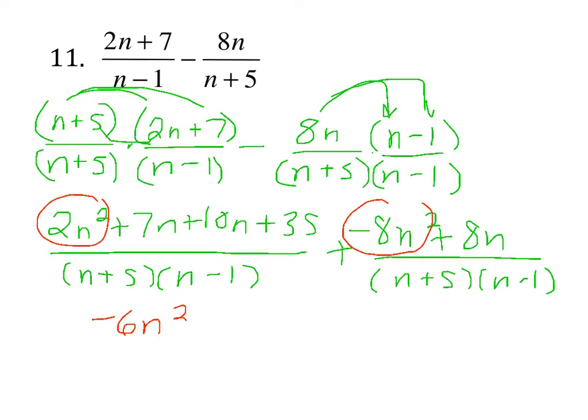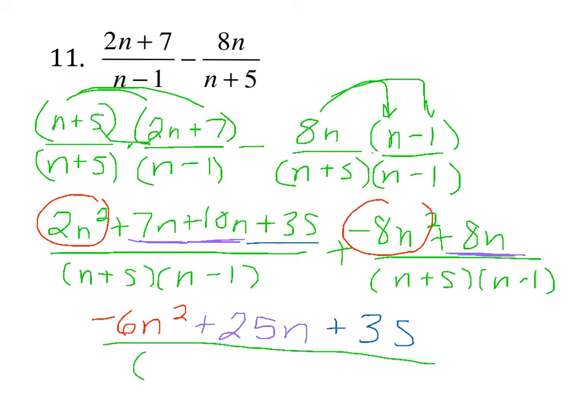We also have a 7n plus a 10n, which gives us 17n, plus another 8n, which will give us 25n. Then we just have the plus 35 in the back. And that is still all over our denominator of n plus 5 times n minus 1.